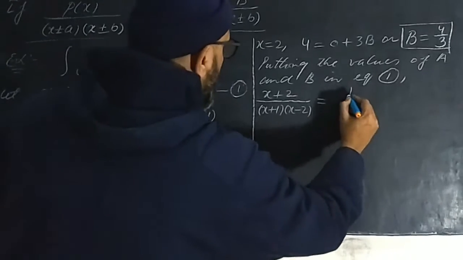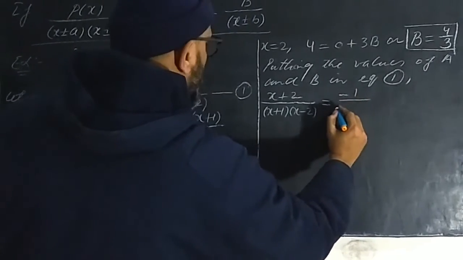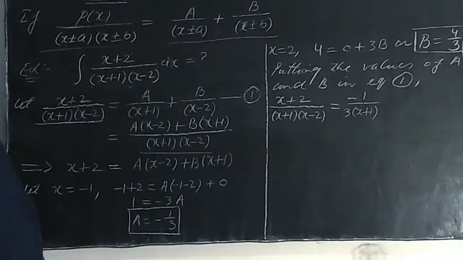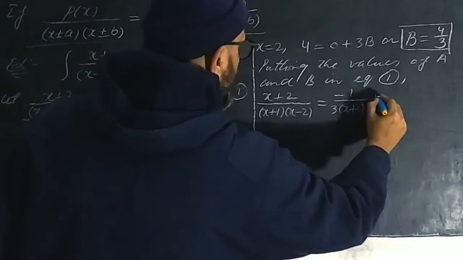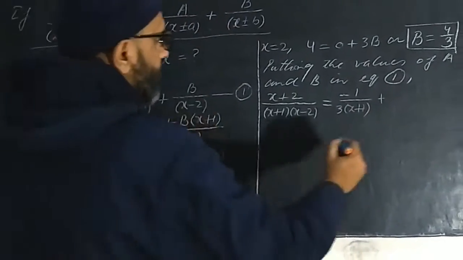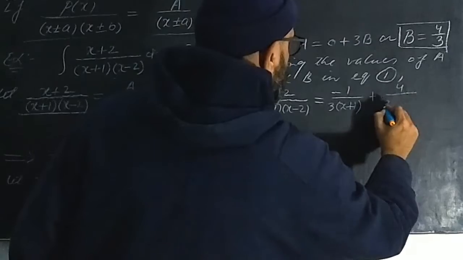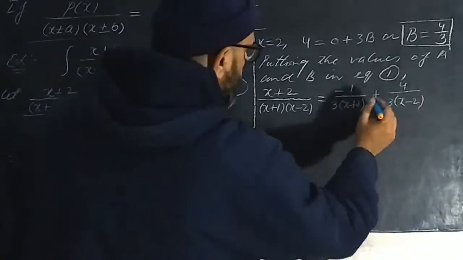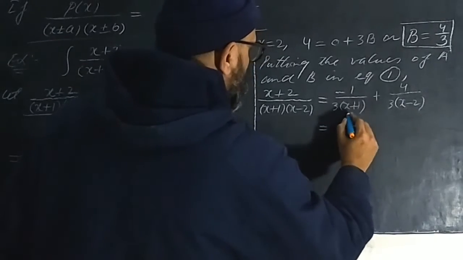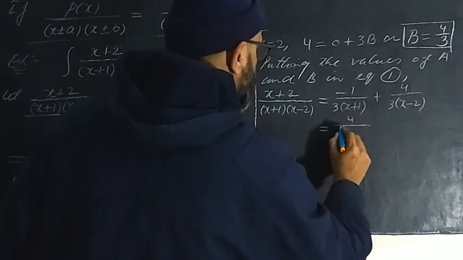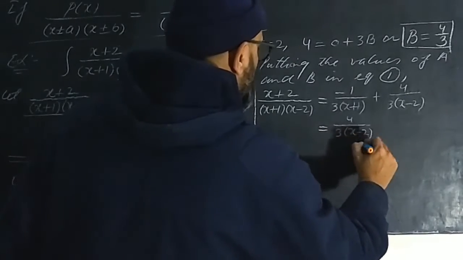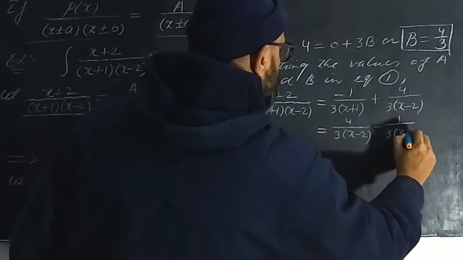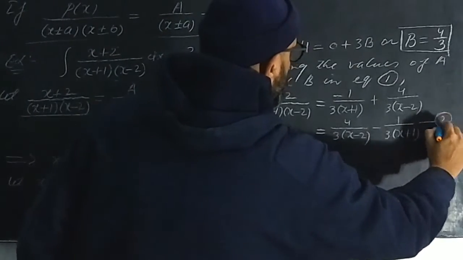So substituting a = -1/3, we get -1/(3(x + 1)). And b is 4/3, so substituting the value of b here, we get 4/(3(x - 2)). Now since this is a positive term, we better write it first: 4/(3(x - 2)) minus 1/(3(x + 1)), and let it be equation number 2.